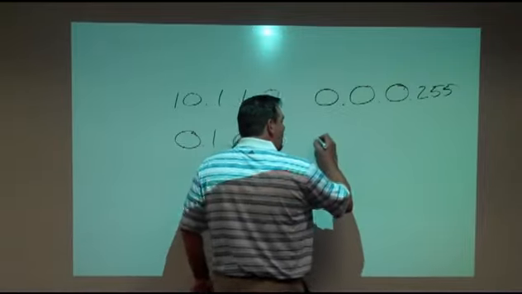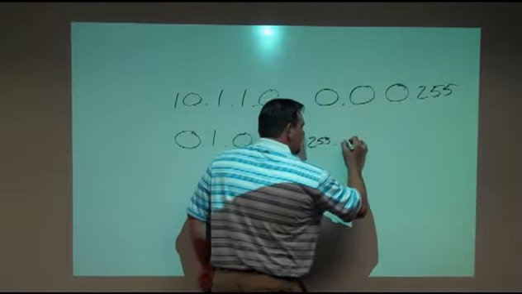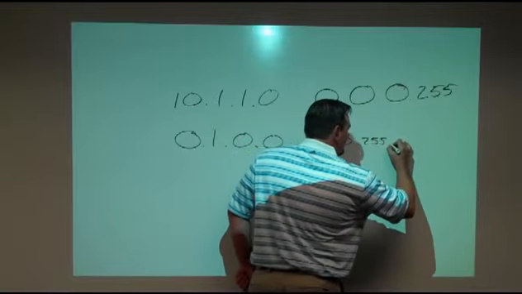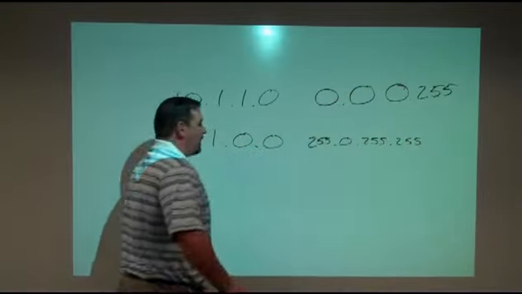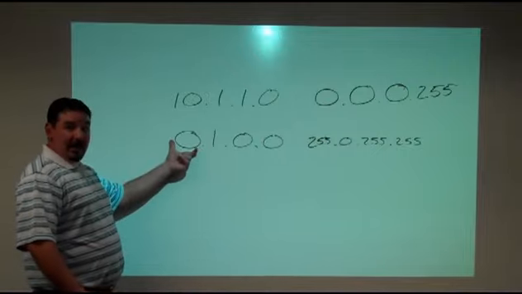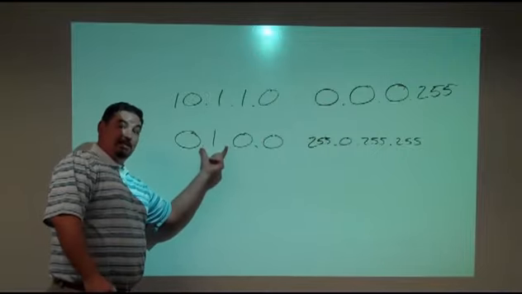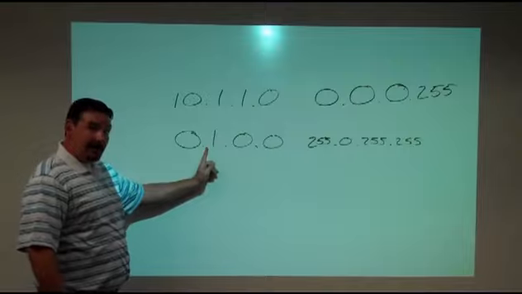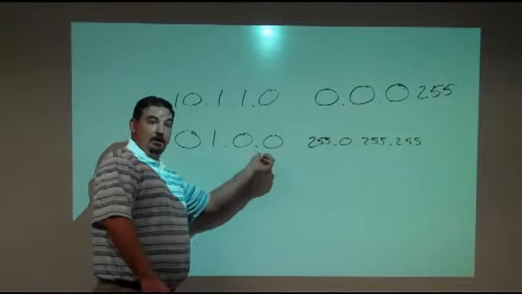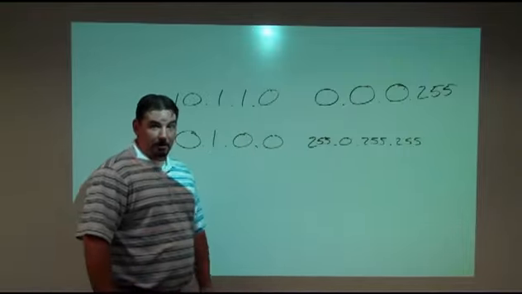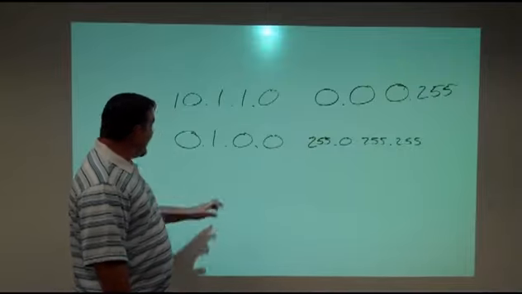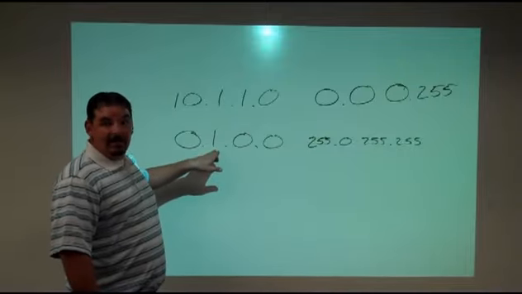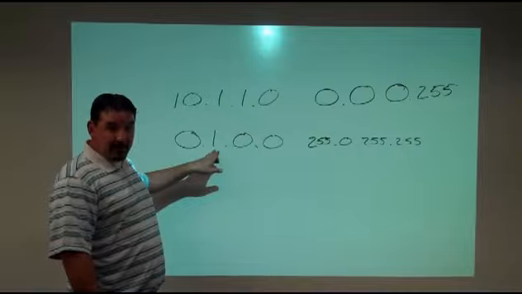In which case my wildcard mask would be 255.0.255.255. I want to ignore the first octet. I want to check all 8 bits in the second octet to make sure it exactly matches a 1. As far as the third and fourth octets, I could care less what they are. Okay? So this matches any packet that has a 1 in the second octet of the IP address. Okay?